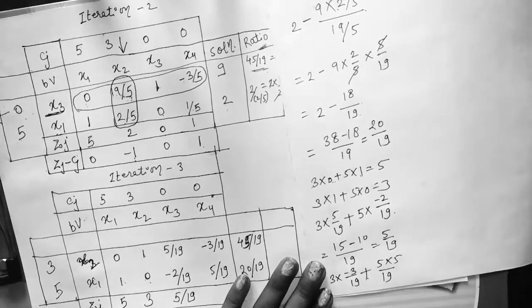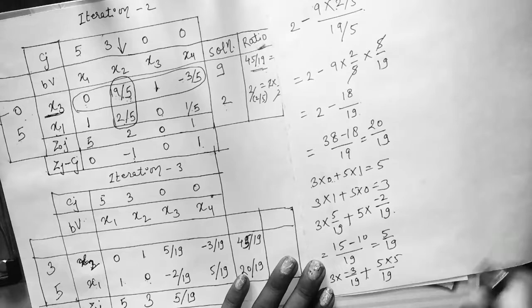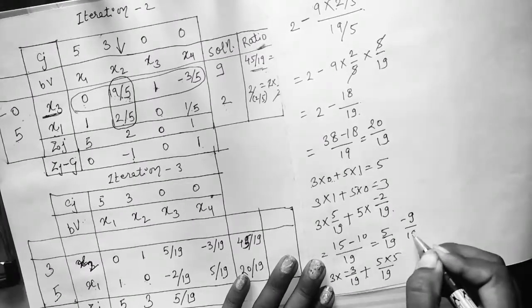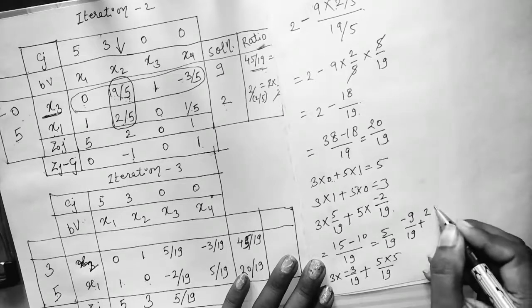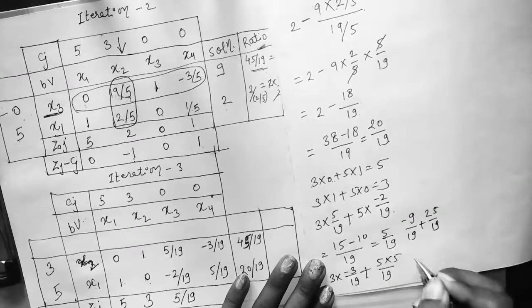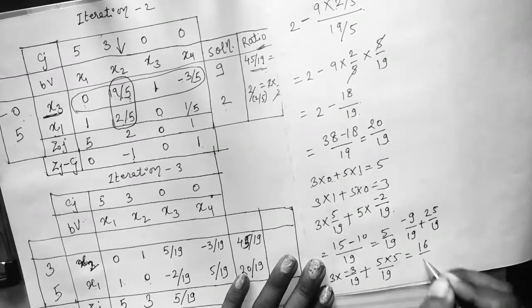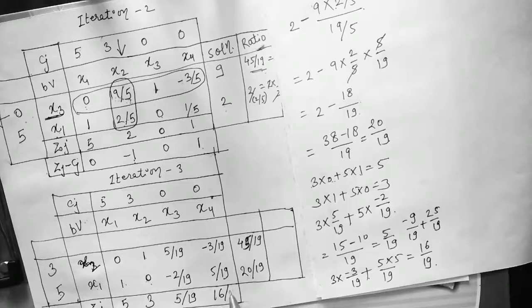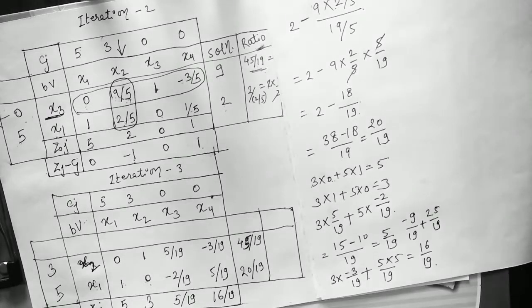Last one is 3 into minus 3 by 19 plus 5 into 5 by 19. That means this is equal to minus 9 upon 19 plus 25 upon 19, that is equal to 16 upon 19. So here we will write 16 upon 19.